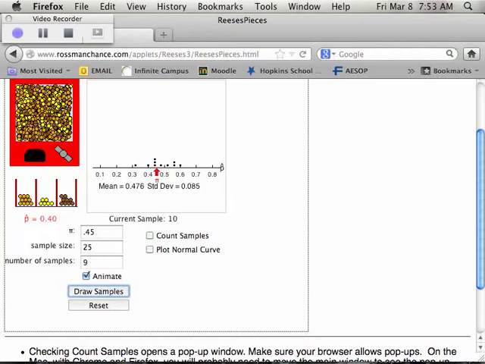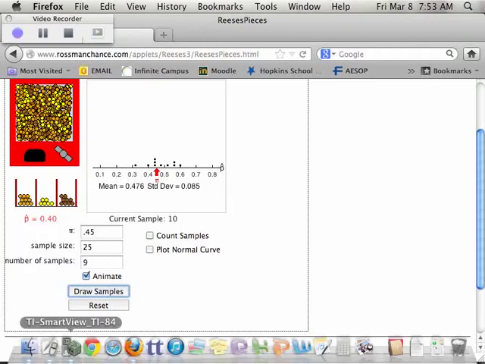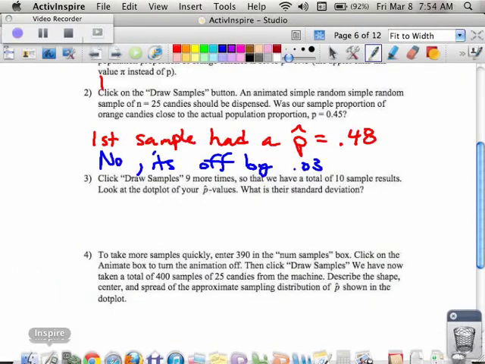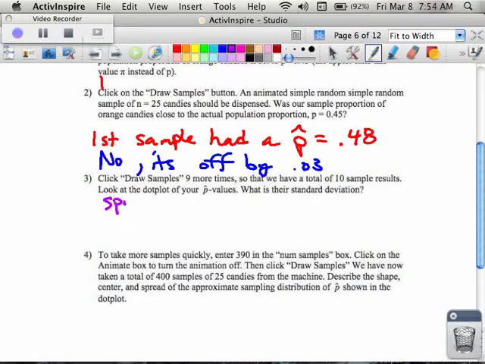So let me just go back to our notes, see what they asked there. I notice in the next one that my spread is p-hat equals 0.32 to maybe p-hat equals 0.6. So there's a spread there.